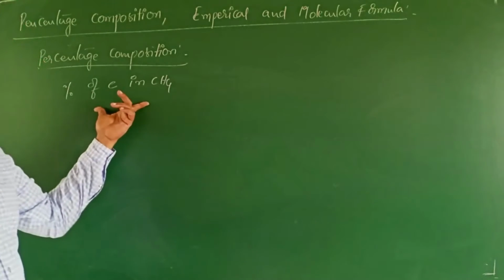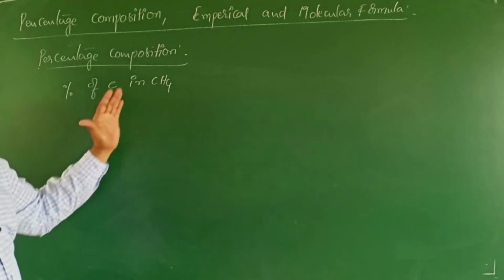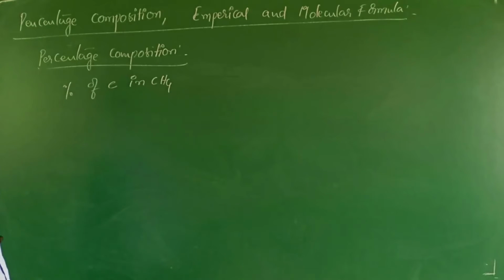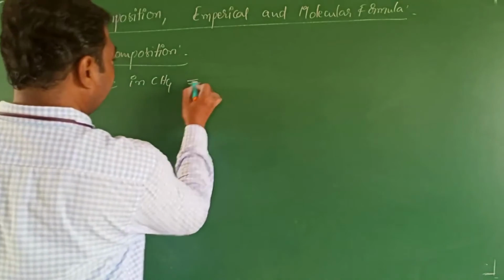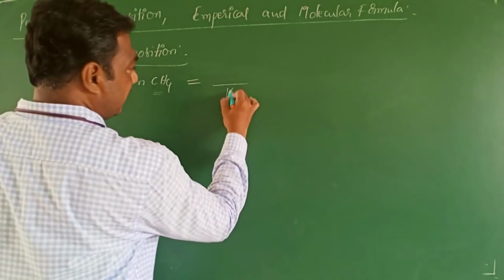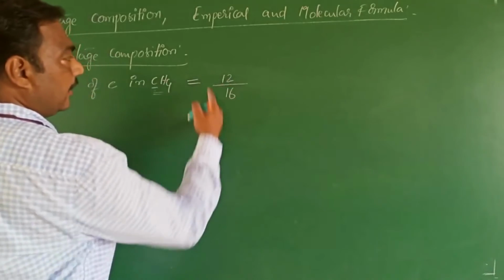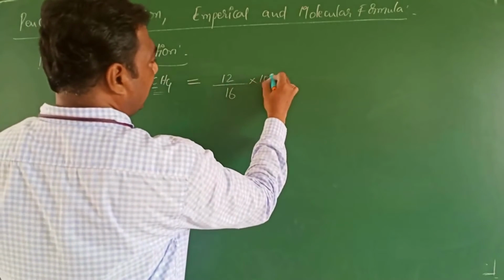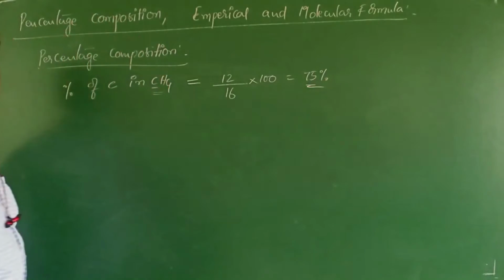Just now we gave the definition: number of parts by weight of an element present in 100 parts of a compound. What is the total weight of methane? It is 16. What is the weight of carbon? It is 12. 12 by 16 into 100, which is nothing but 75%. It is your answer. Right, students?